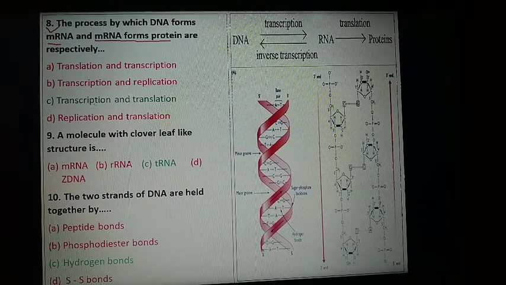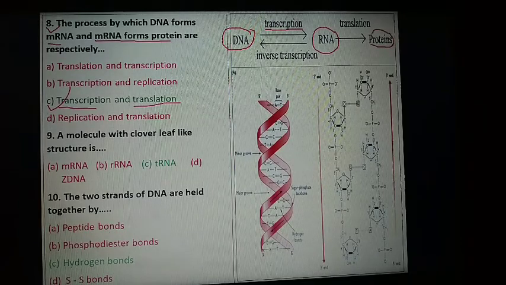That process is known as transcription and translation, because we have studied that according to the central dogma of molecular biology, DNA synthesizes RNA, and that process is known as transcription, and from RNA proteins are synthesized, and that process is known as translation. And also we have seen that RNA has the ability to synthesize DNA, and that process is known as inverse transcription or reverse transcription.